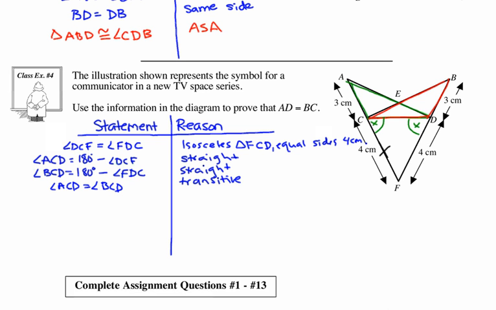Okay, so now we know that this angle here is the same as that angle here. We just need our two sides. AC equals BD, both 3 centimeters. And CD equals DC. Why? They're the same side. So what did we just prove?